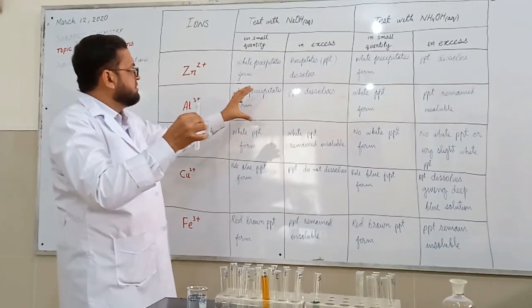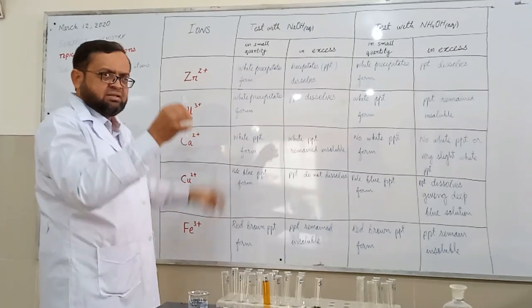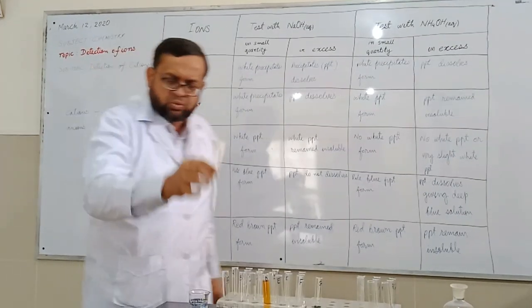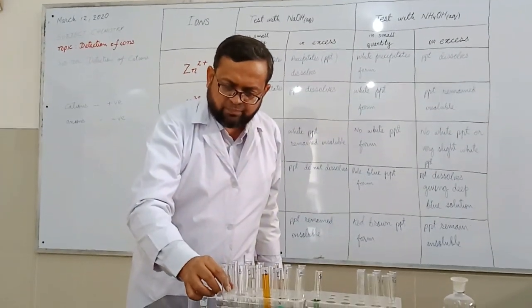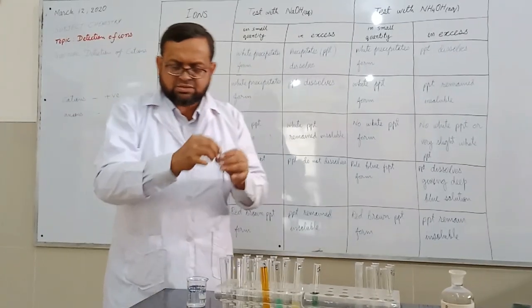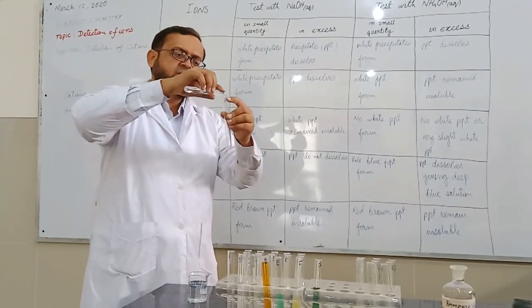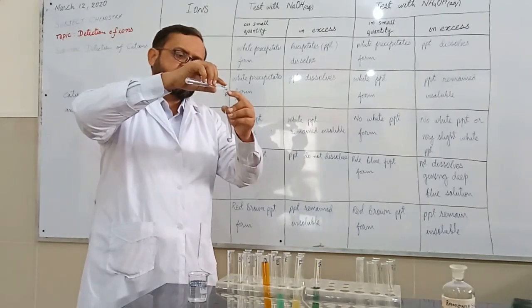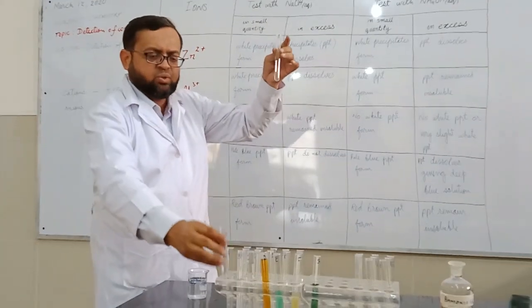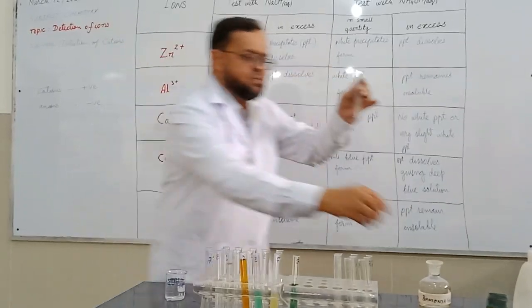But we are still confused between zinc and aluminum ion. So we can perform another test with ammonium hydroxide. Again we have taken a small quantity, 1 to 2 ml.